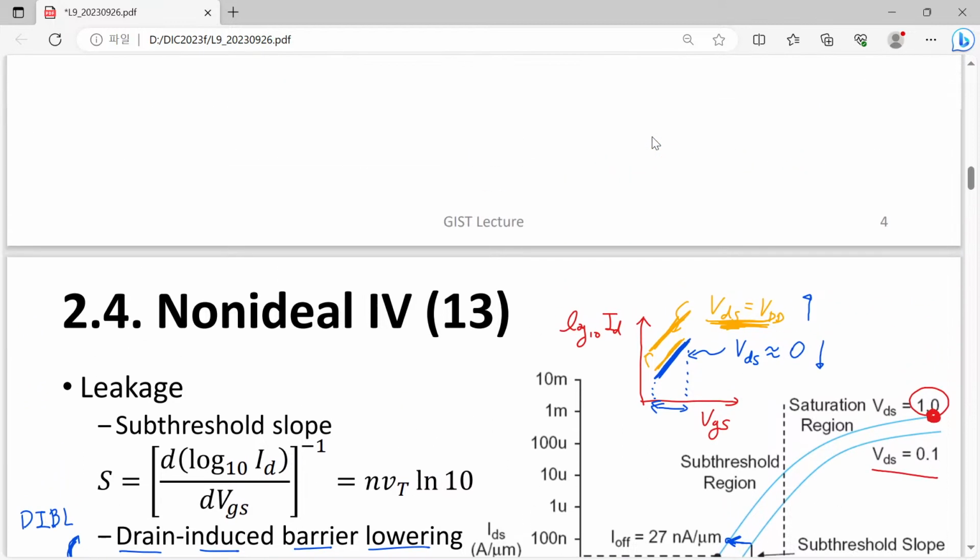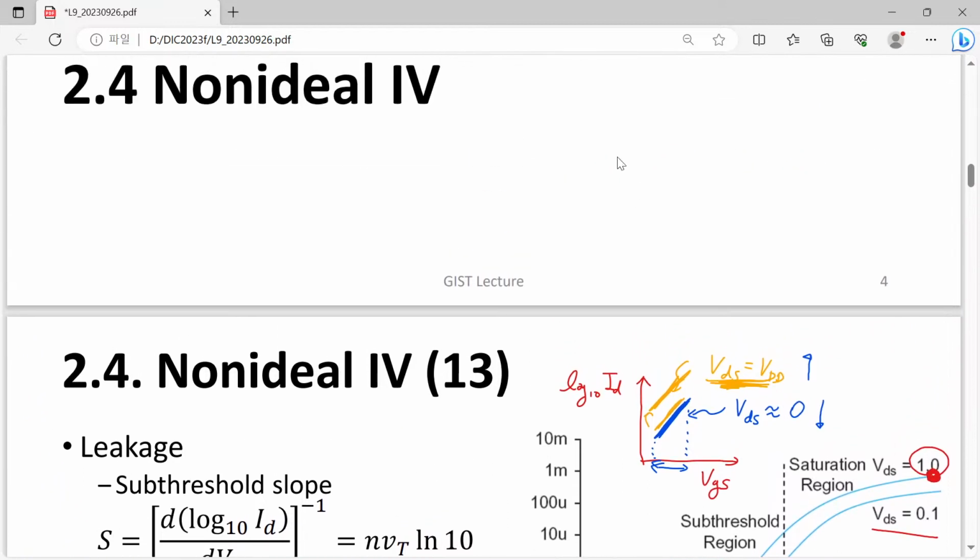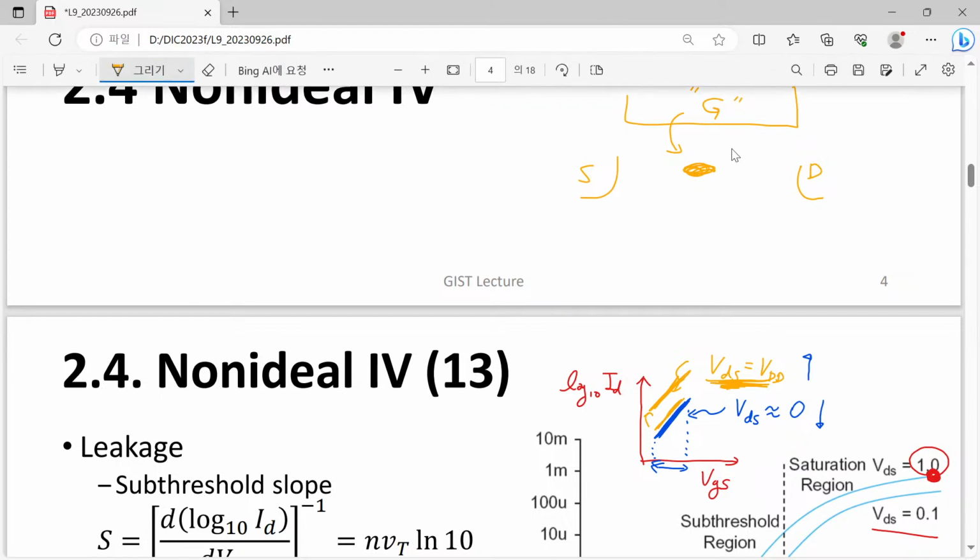I mean that here we have source, drain and gate, and this channel region is controlled by this gate region. We wanted to give the full control over this channel region to the gate. Gate should be the king of this field.